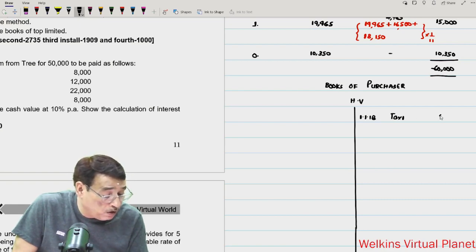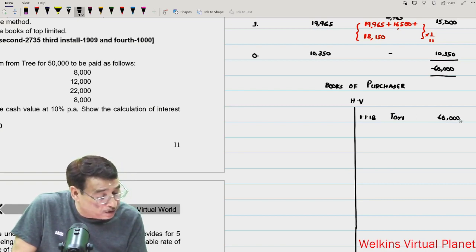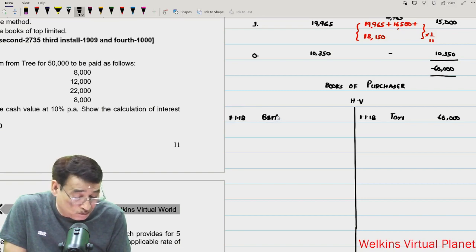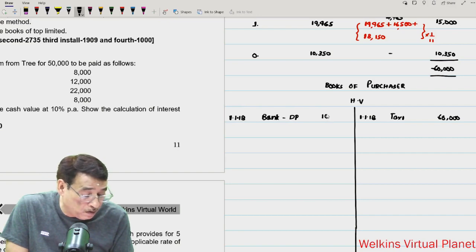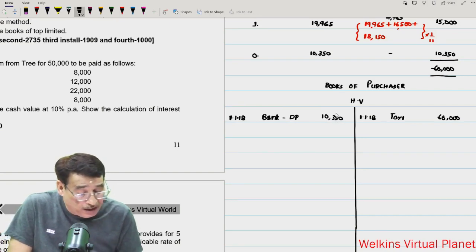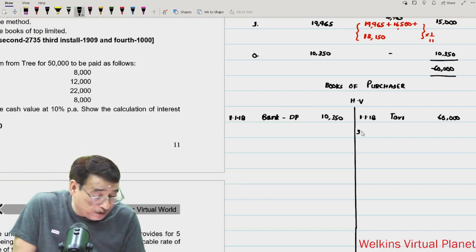So you will start with the cash price 60,000. Then on 1/1/2018, you are going to make the down payment, that is to bank, and down payment which you just computed, 10,350.